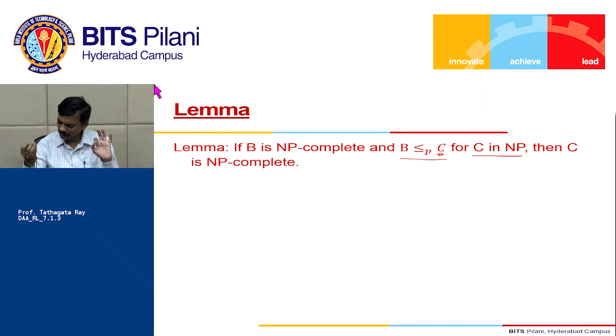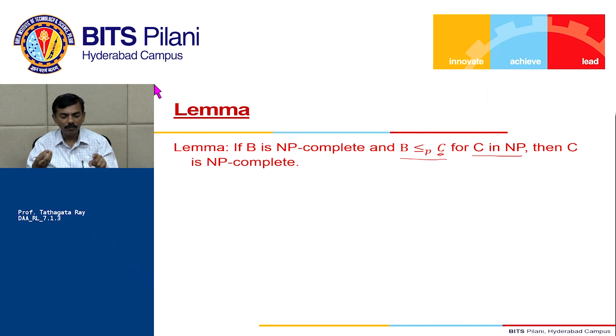What is the definition of NP complete? If I have to check that it is NP complete, what all do I need to check? Number one, I need to check that C is in NP. The second part says that all the problems in NP should be polynomial time reducible to C. These are the two different conditions we require to satisfy in order to prove that C is NP complete.